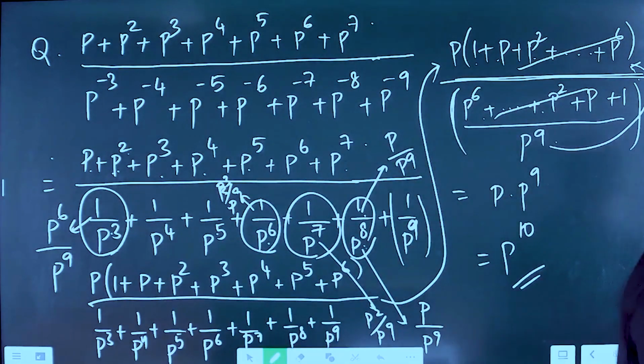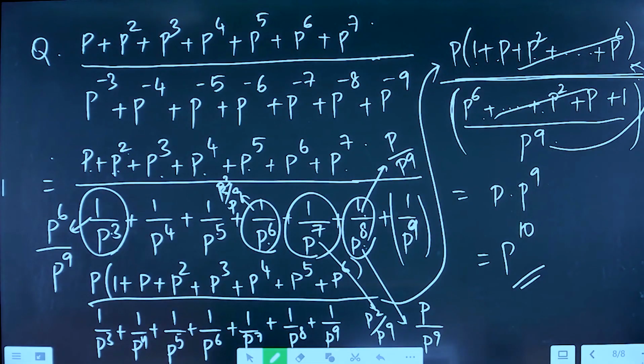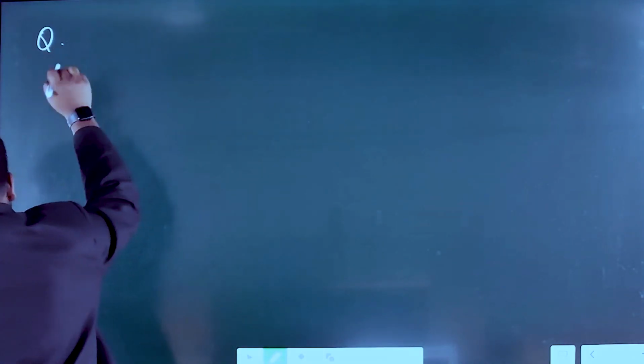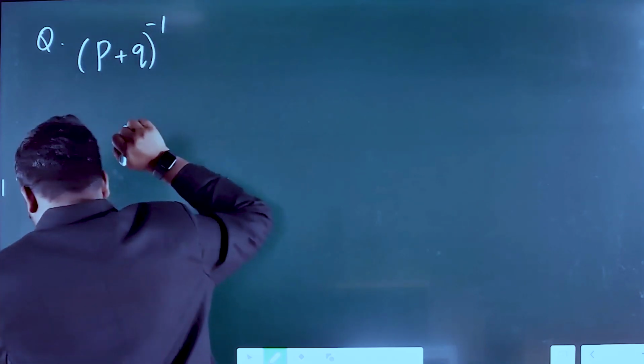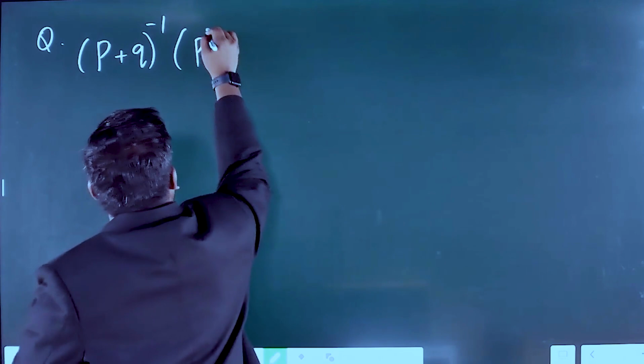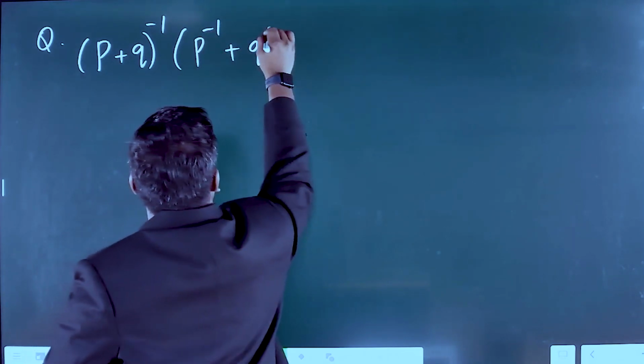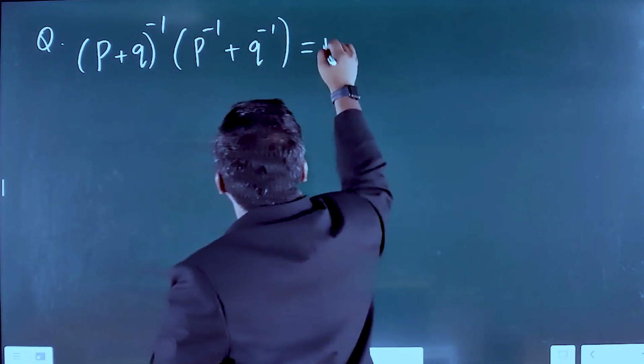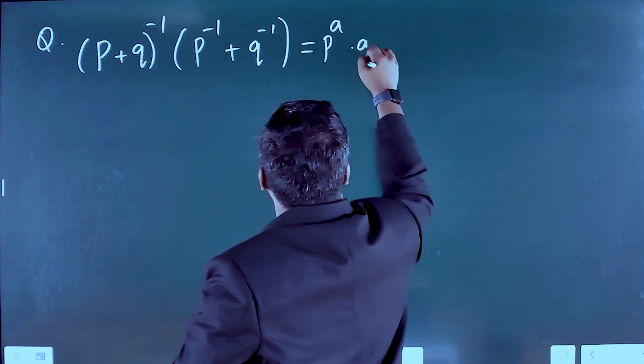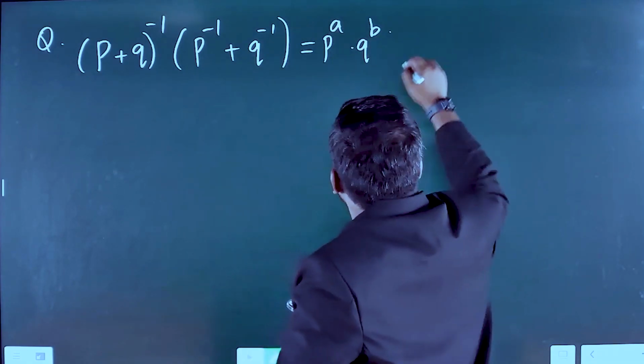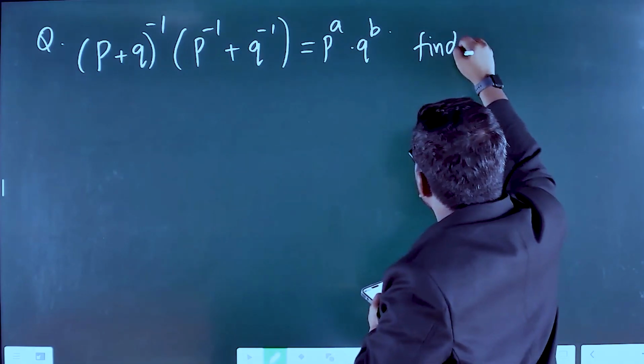I'll give you a minute, just close this and we'll go for the next part. We'll move ahead. The next question would be: for any values of p and q, if (p plus q) whole power minus 1 into (p power minus 1 plus q power minus 1) is equal to p power a into q power b, find a by b.